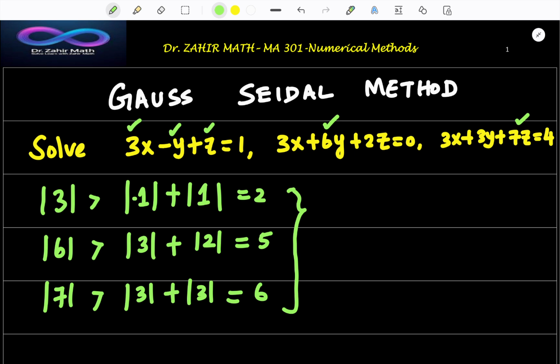If it gives an error, it means the matrix is not diagonally dominant. Diagonally dominant, I explained in the class. Again, the absolute value of each diagonal element is greater than the sum of the absolute values of the other elements in the same row. Keep that in your mind.